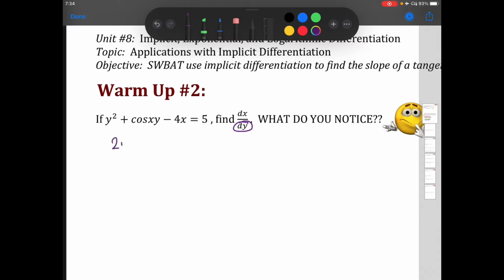So it's going to be 2y plus, actually it'll be minus because the derivative of cosine is negative sine.